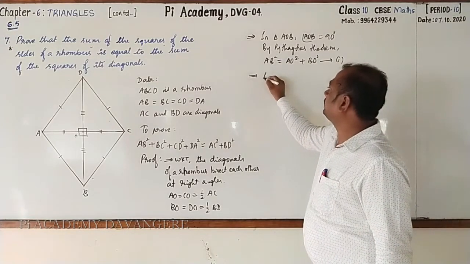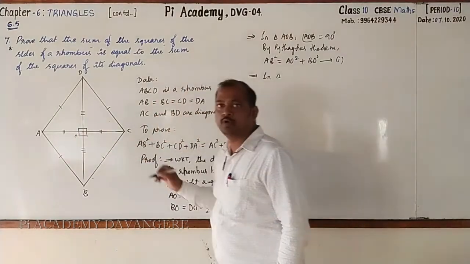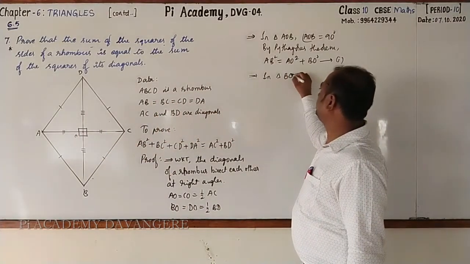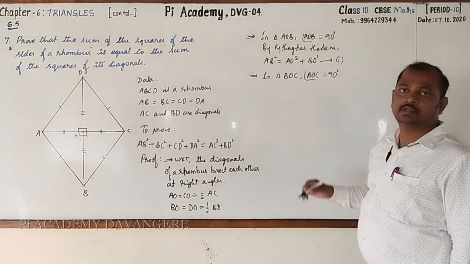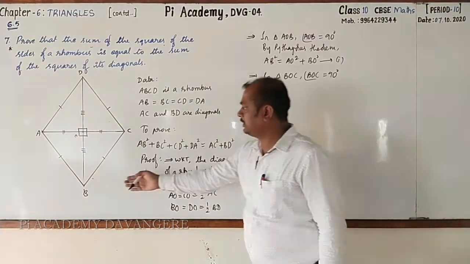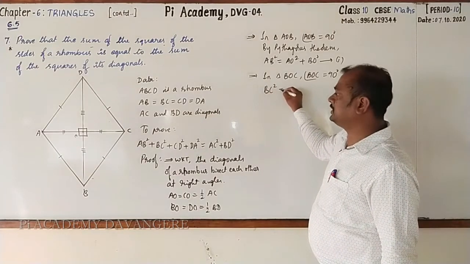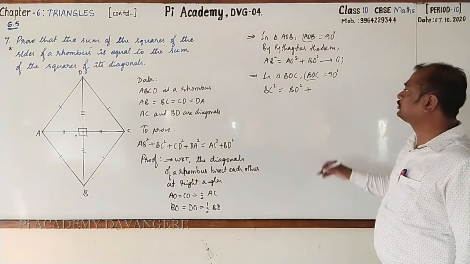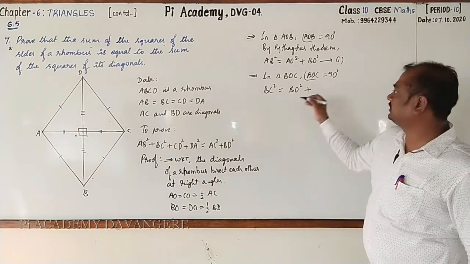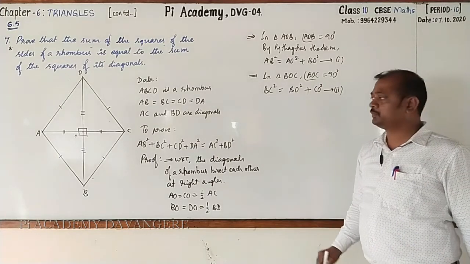Similarly, let me take the next triangle, that is BOC. In triangle BOC, angle BOC is also 90 degree. Use Pythagoras theorem and write the square of hypotenuse BC square is equal to the sum of squares of the other two sides, BO square plus CO square. Call this statement 2.